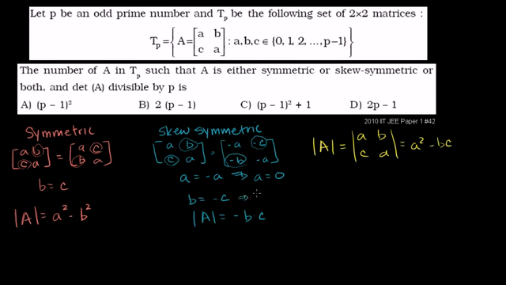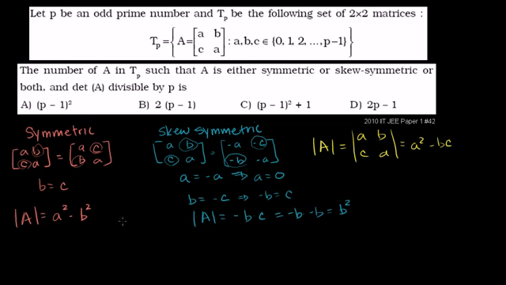So this is the same thing as negative b times negative b, which is equal to b squared. So if the matrix is symmetric, we know that its determinant is going to be a squared minus b squared. If it's skew symmetric, its determinant is going to be equal to b squared, which is frankly going to be the same thing as c squared.